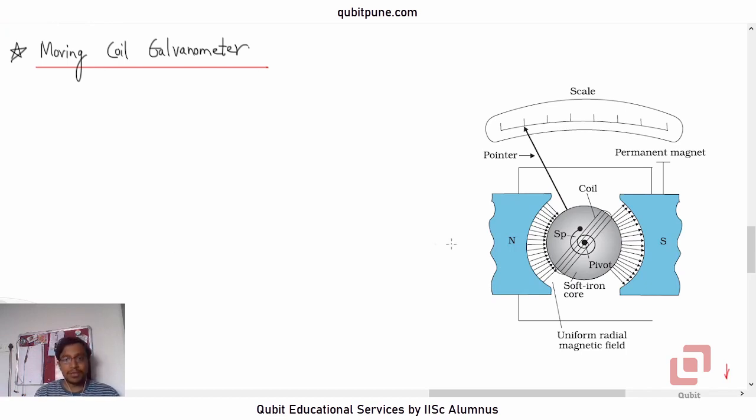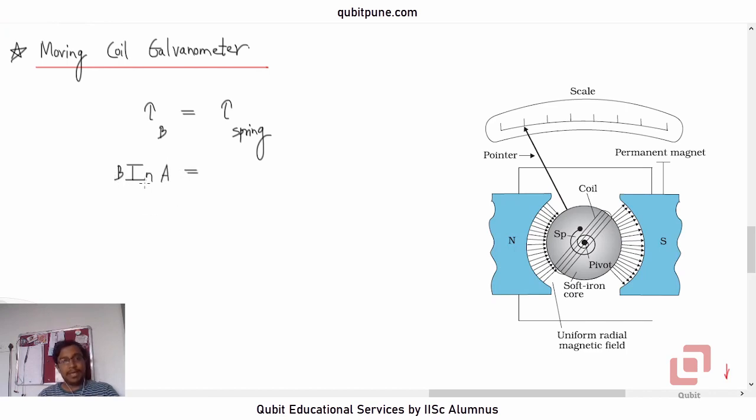So what provides the restoring torque here? The coil spring is going to provide the restoring torque. Working it out, you eventually arrive at this: the torque due to the magnetic field equals the torque due to the spring. The torque due to the magnetic field is m B sin theta, where m is NIA, B is the magnetic field, and theta is 90 degrees, so sin theta is 1.